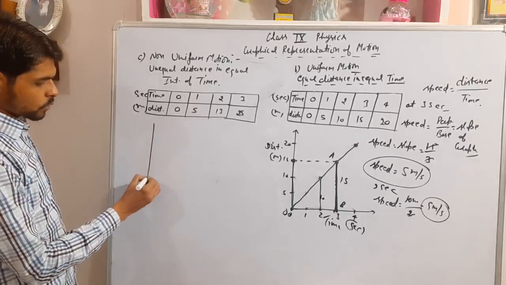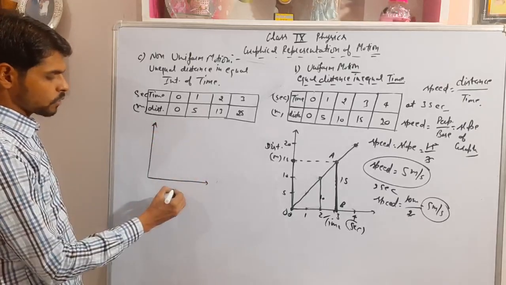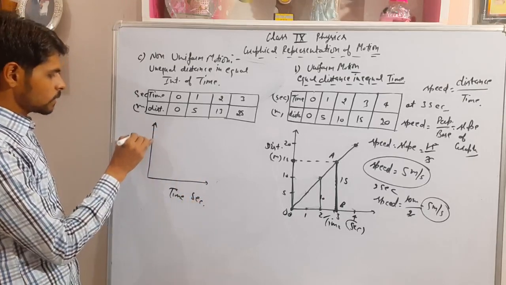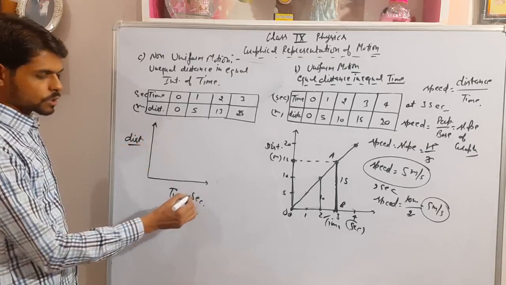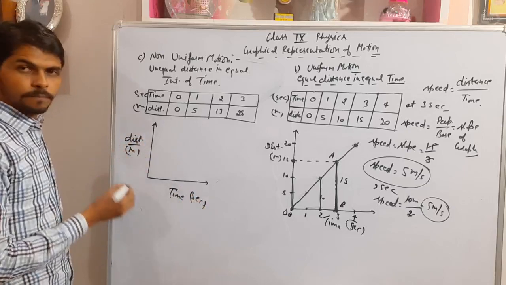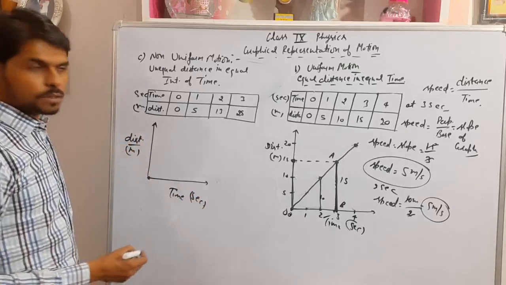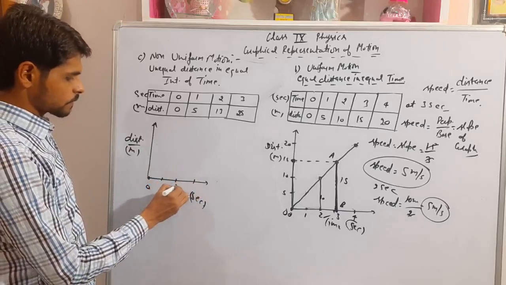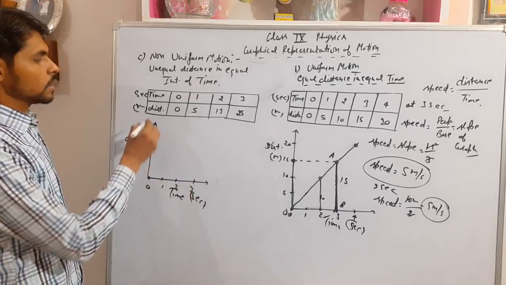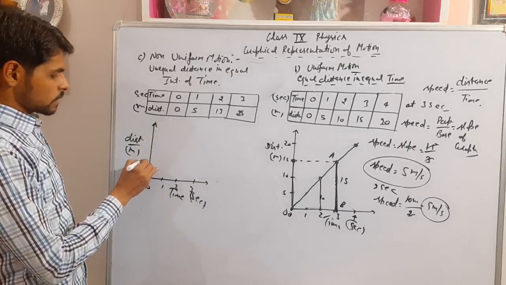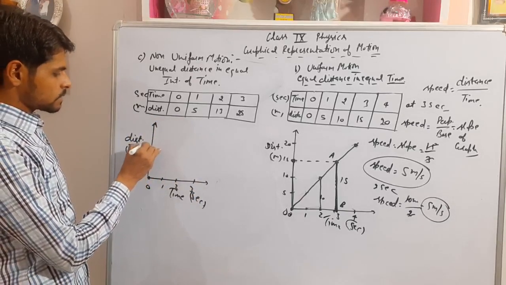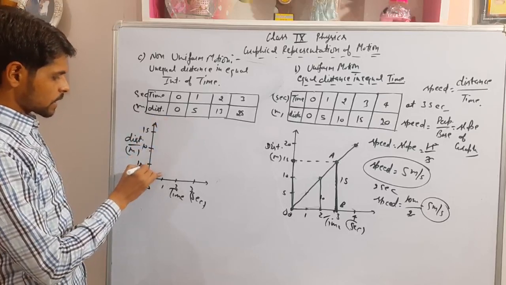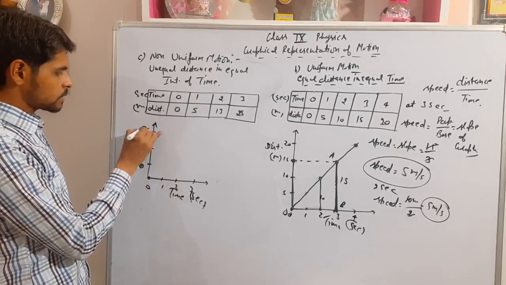If we want to draw the graph for non-uniform motion as well, what is the time? Time is in seconds, that is 1 second, 2 seconds, 3 seconds. Okay. So what is the distance? We are taking the gap as 10 meter, 10, 20 and this is 30.